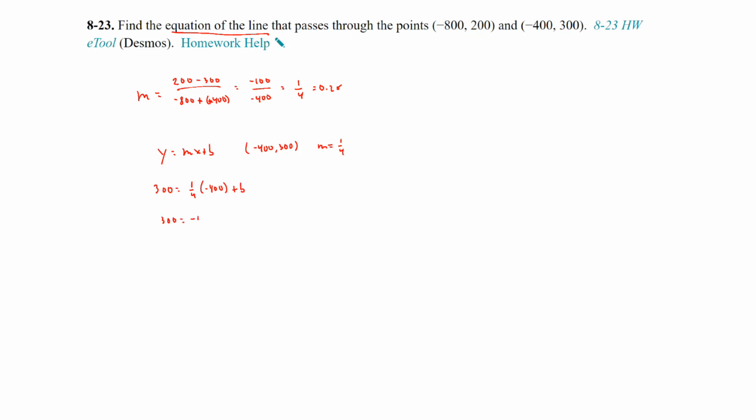So that'll give me negative 100 plus b, add 100 to the other side, and we get 400 is equal to b. So we have the things that we need. We can now write the equation. Y is equal to 1/4 x plus 400. And that's what it wants. It wants the equation of the line that passes through the 2 points.